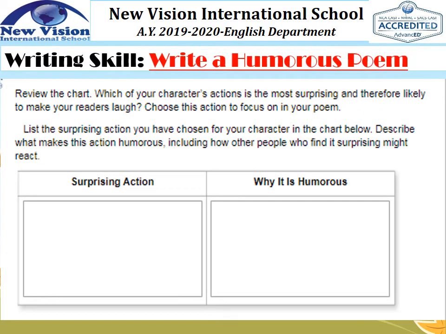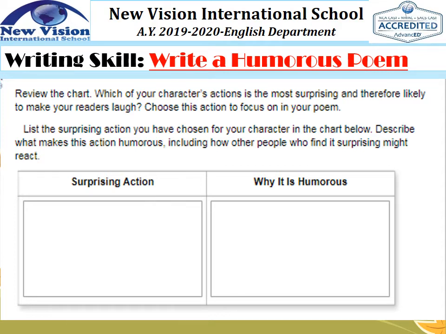Alright, now students, review the chart where you have written 3 expectations and 3 surprising actions. This time, which of your character's actions is the most surprising and therefore likely to make your readers laugh? Choose this action to focus on in your poem. List the surprising action that you have chosen for your character in the chart below.